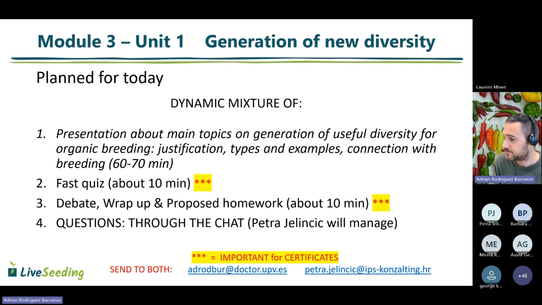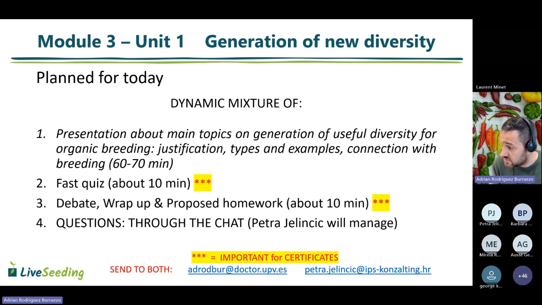Okay, I'm also marking in red the fast quiz and the proposed homework, because it is important if you want not only to learn from the units of today, but also you want to get certificates of attendance to the units, to the modules. Okay, so it is important to make the quiz and also the proposed homework to get the certificates.